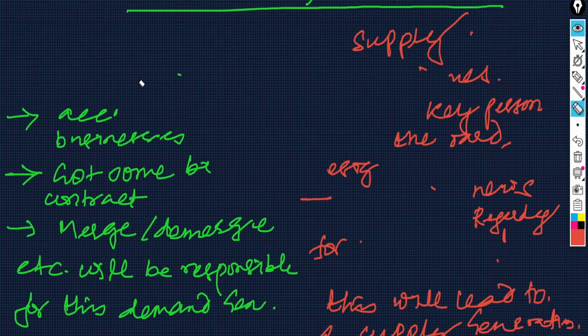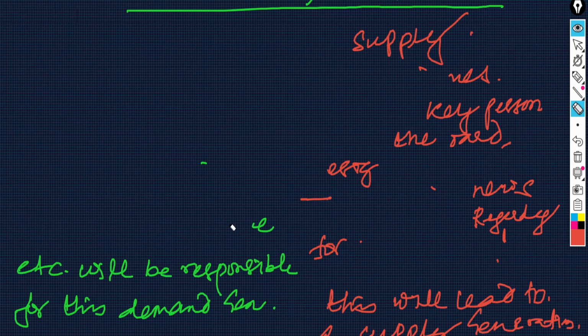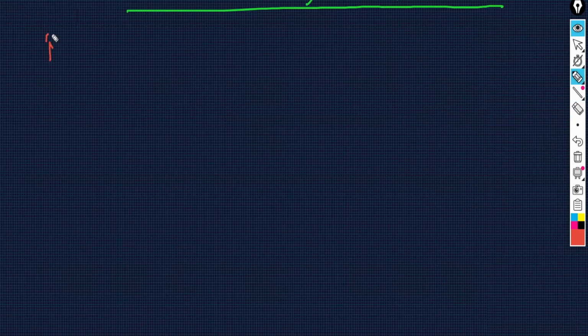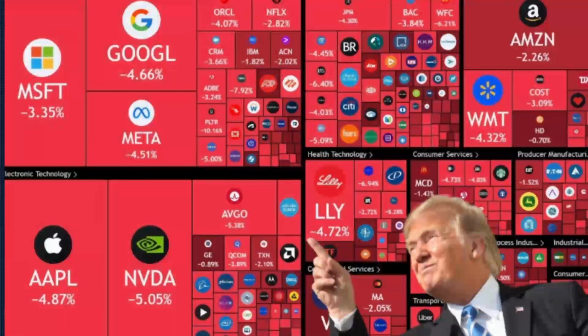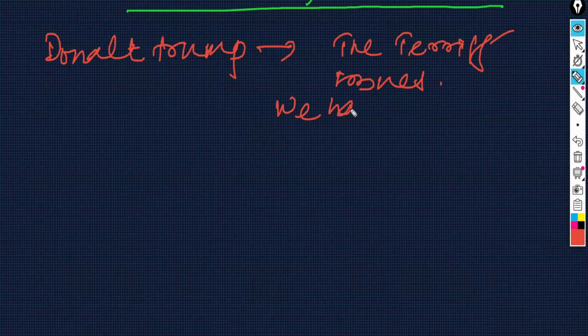This is not limited to what I have written, because there are multiple things that can affect a company, and the price of that company may be impacted in a big way by this news or sentiment. For example, we are now seeing the impact of Donald Trump's tariff issues.